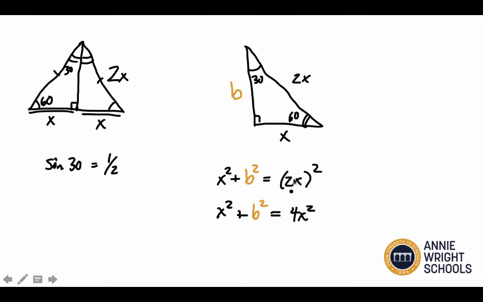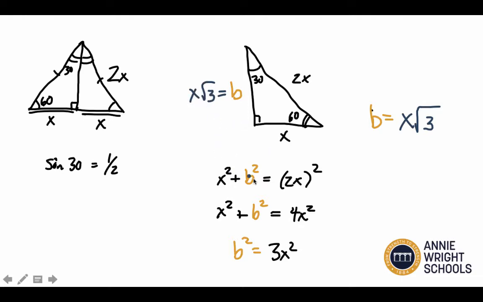Notice algebra, 2 times 2, x times x. I now subtract the x squareds. I get b squared is equal to 4x squared minus x squared, which is 3x squared. I then take the square root of both sides, and I get that b is equal to the square root of 3, which is not a nice number, times the square root of x squared, which is simply x.